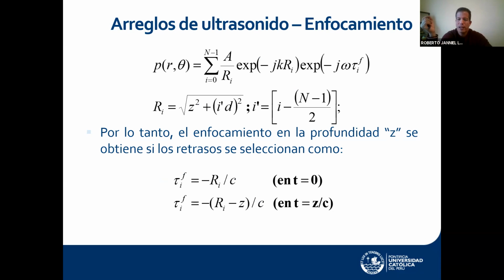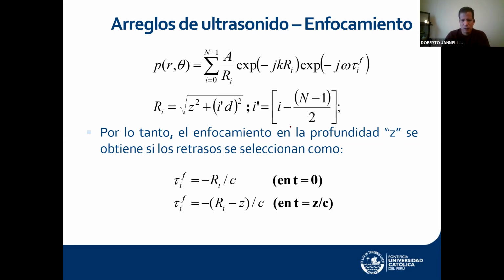Okay, so we cannot again curve the array. We're not going to grab the elements and move them physically. But what I can do is fire them at different firing times such that the waveforms that each element transmits arrive at the same time at a focal distance, right?